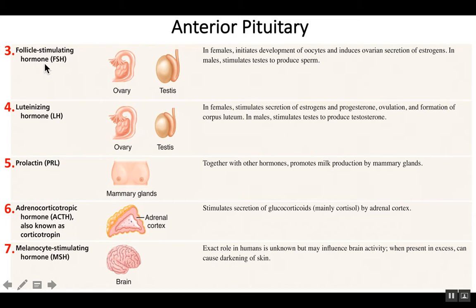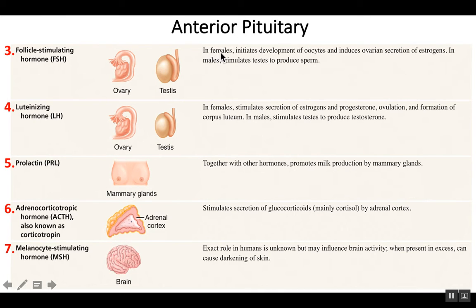The first of the 2 gonadotropes is follicle stimulating hormone, or FSH. It gets its name for the function in females, which is to stimulate ovarian follicles. Ovarian follicles are structures within the ovary that contain the developing oocytes, or eggs.